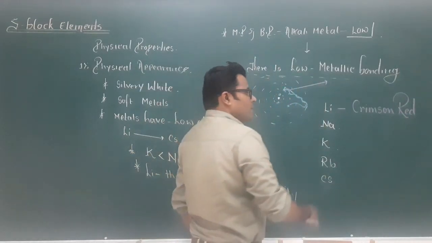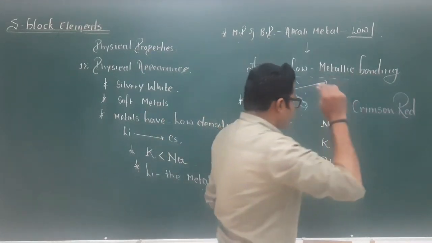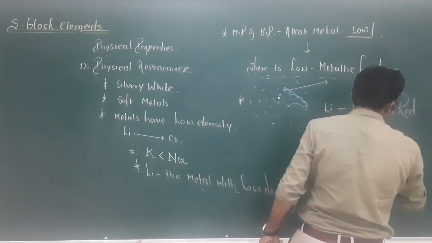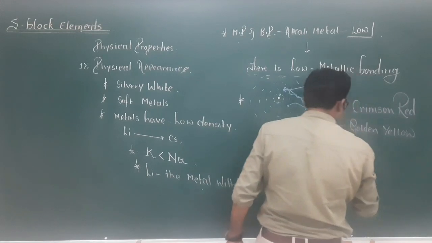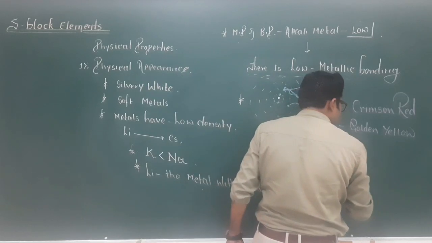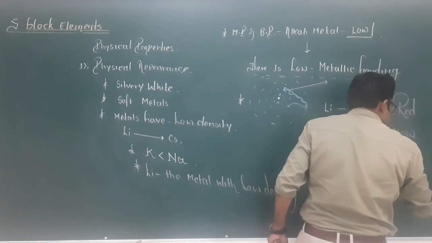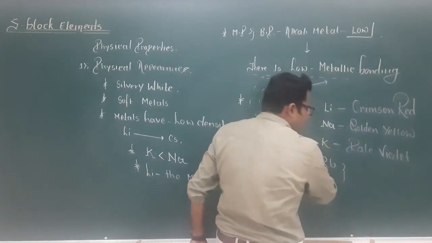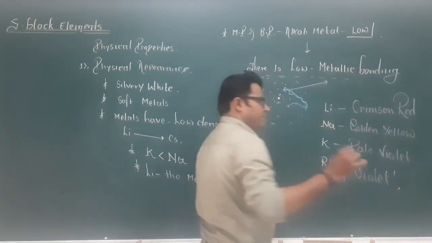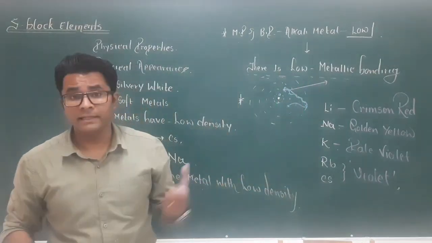When we put a sodium salt into the oxidizing flame, we get a golden yellow color. Potassium salts give a pale violet color, while rubidium and cesium salts give violet flames.